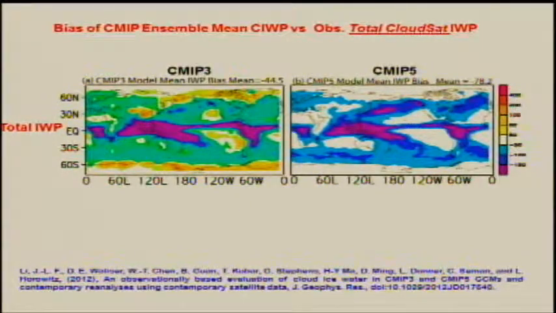On your left is the CMIP3, a multi-model mean of about 20-something coupled GCMs' ice water path minus the CloudSat climatology. And this is the CMIP5. As you can see, over the tropical regime, the IPCZ and ITCZ regimes, you do see a significant underestimate of total ice water path.